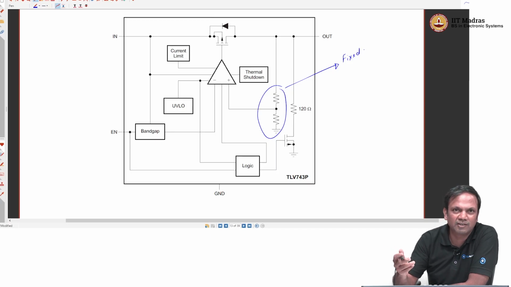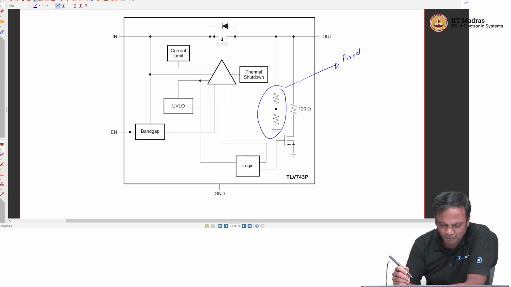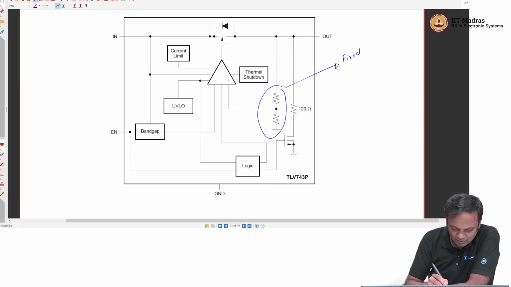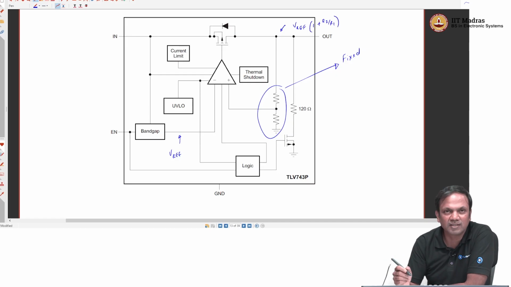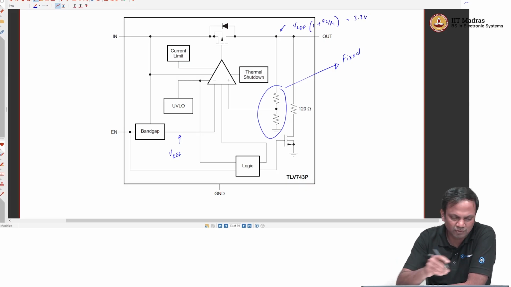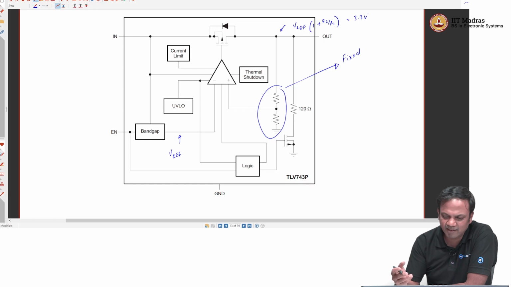So, if you need a different output voltage, you just pick a different LDO. So, this voltage is Vref. So, here you will get Vref times 1 plus R2 by R1, and they would have already chosen R2 by R1 and Vref to get you 3.3 volt for this specific LDO. Then they have other variations where you can get a different voltage, right.